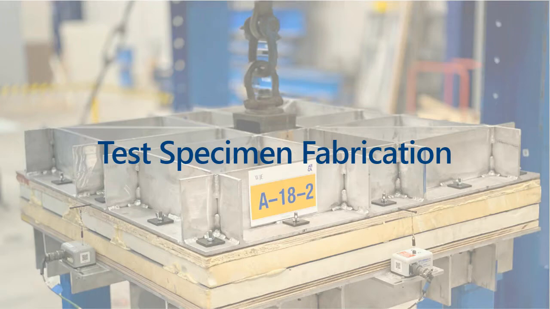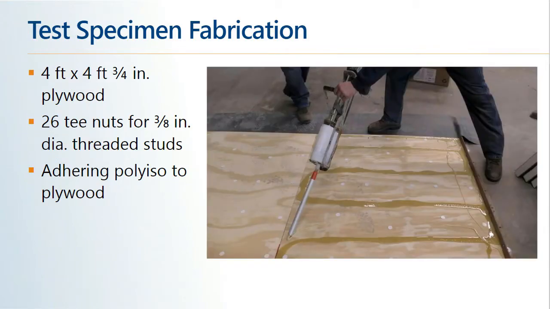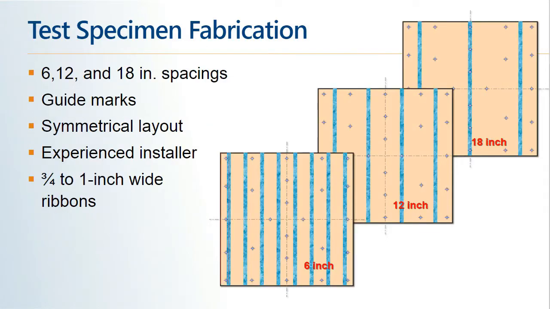So getting into the test specimen fabrication here, you see the 4 foot by 4 foot plywood backers that were used for the fabrication of the samples. We would adhere the insulation to those samples. And then on the samples, we had preset spacings that were used, and those spacings were laid out in a symmetrical layout.